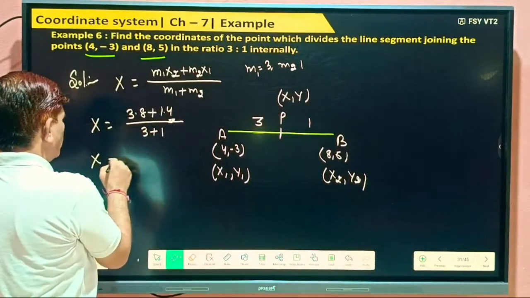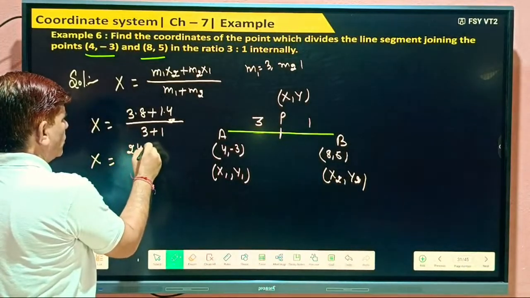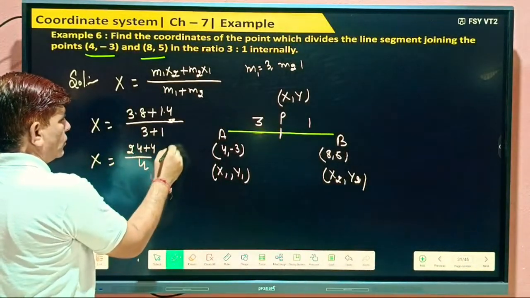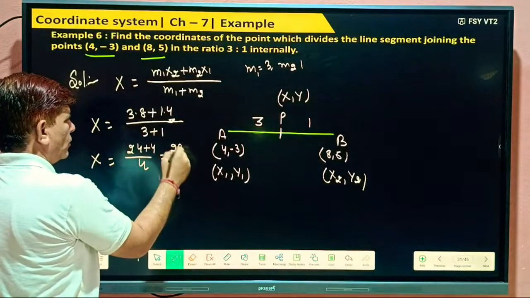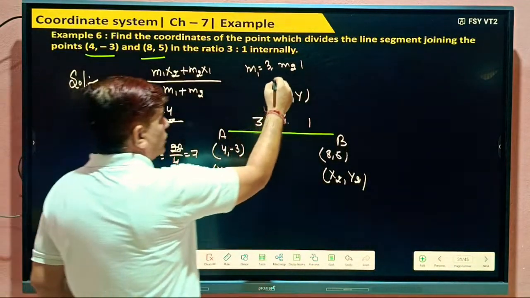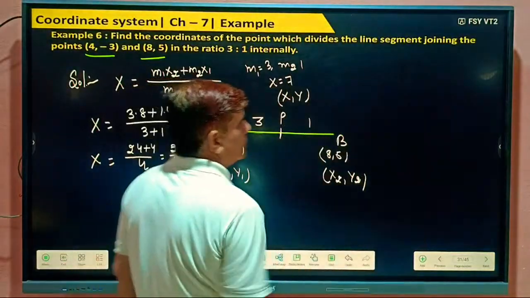So x is equal to (24 plus 4) by 4, so 28 by 4. So how much? 7. So its x coordinate is equal to 7.